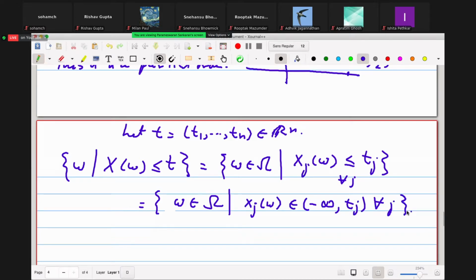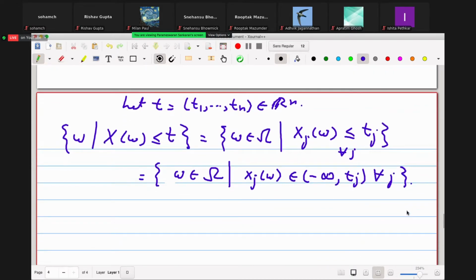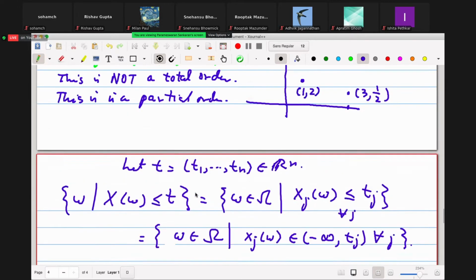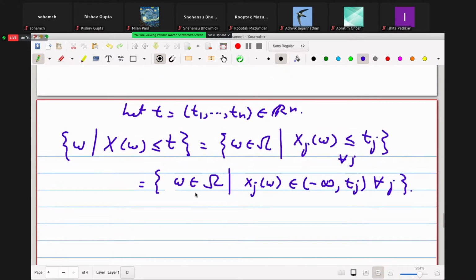That is the set. So this is the set whose probability is that one. Let us just plot this.